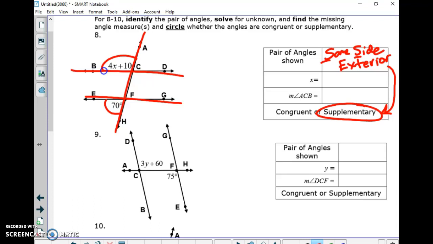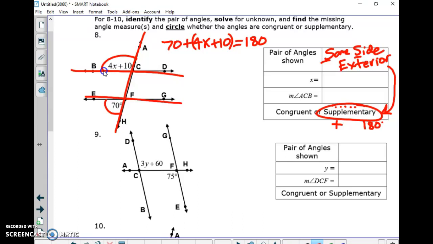Supplementary does not mean they're equal, so we're not going to put them equal to each other, but we know that they add up to 180 degrees, right? So that's what we're going to do. Let's take these two angles and add them up. So 70 plus 4x plus 10 equals 180. Do you see how I set it up when it's supplementary?